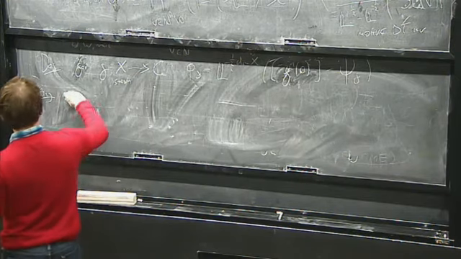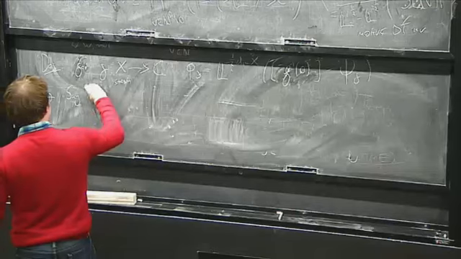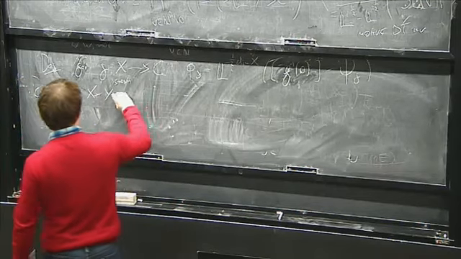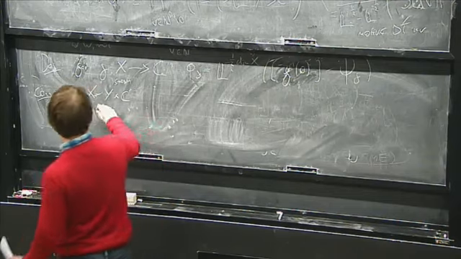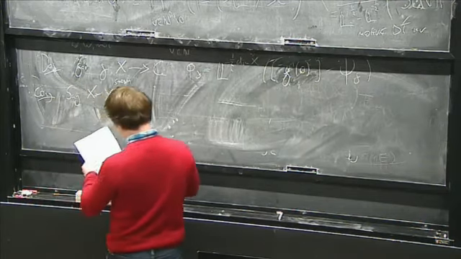Okay, so let me get this right. Say X is equal to the product of Y times C to the r. Everything here is again smooth.